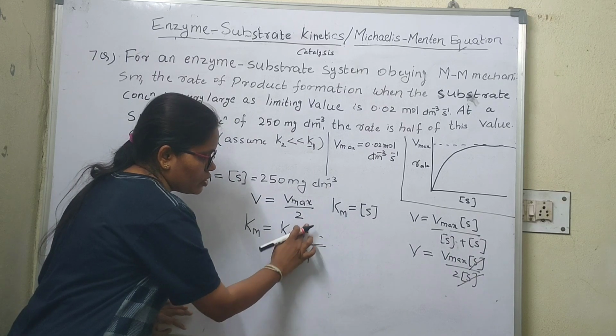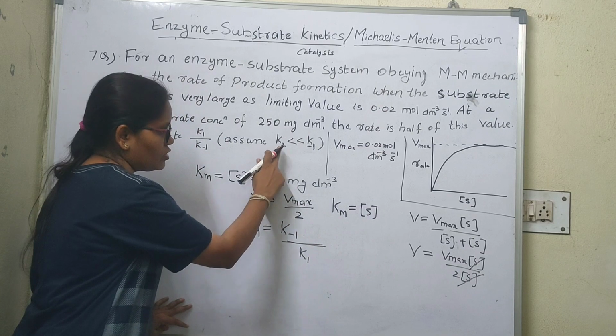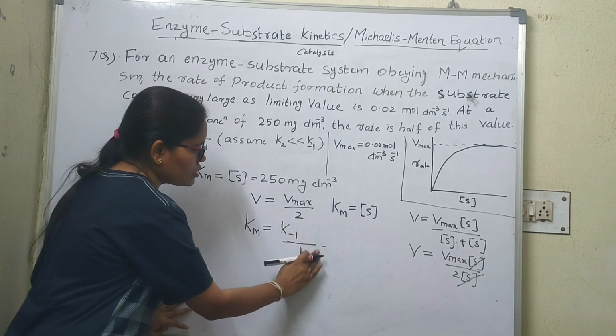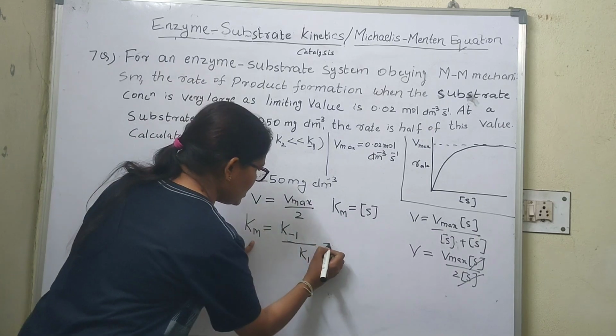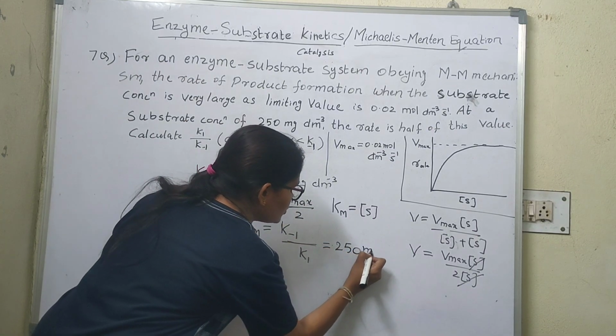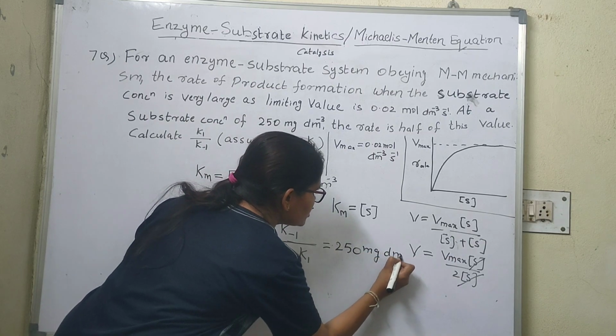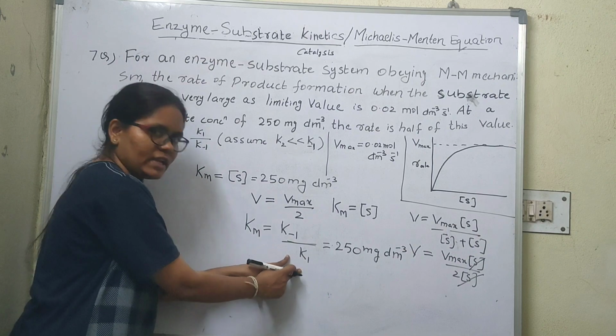In comparison with k minus 1, k2 is very small. So this becomes k minus 1 over k1. So Km is 250 milligrams per decimeter cube, and that value is equal to k minus 1 by k1.